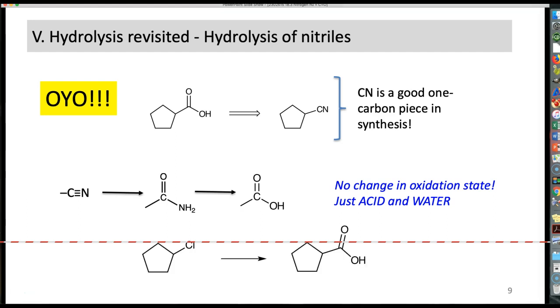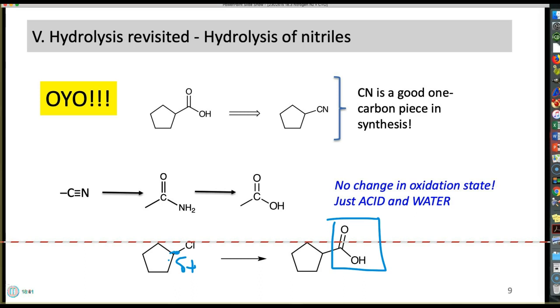So when you see a synthetic problem like this, where I have a nice delta positive electrophile right here, and looks like I've added one carbon.